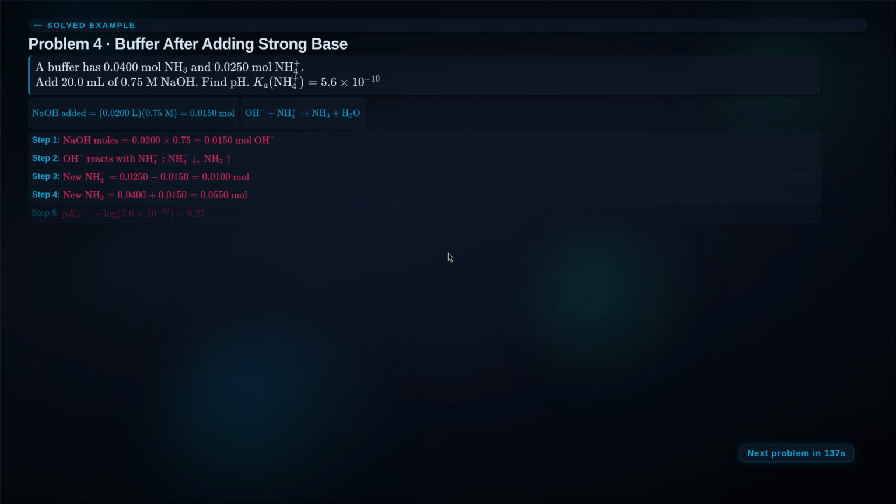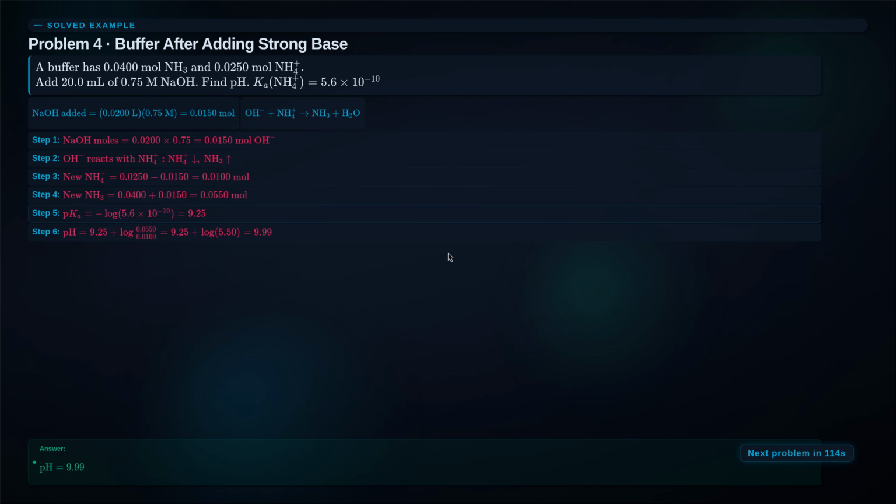Problem 4. Buffer after adding strong base. A buffer has 0.0400 moles of NH3 and 0.0250 moles of NH4 plus. Add 20.0 milliliters of 0.75 molar NaOH. Find pH.